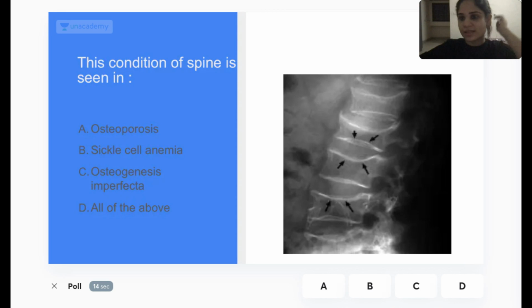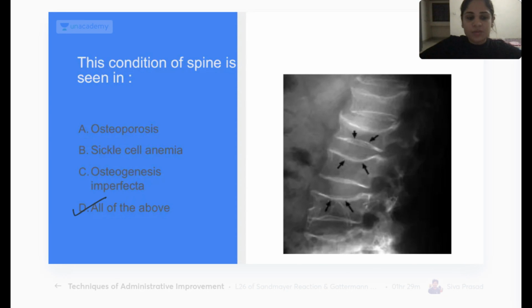I taught you both these conditions in the last class, guys. Still, half of you all are marking the answer wrong. More than half of you all are marking the answer wrong. Why? Why like that? Okay, so the answer is all of the above.